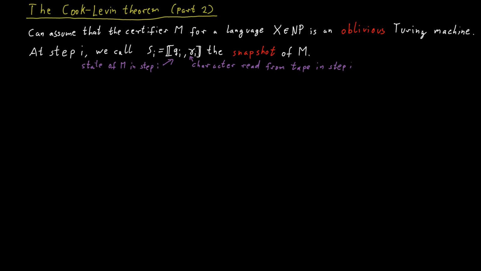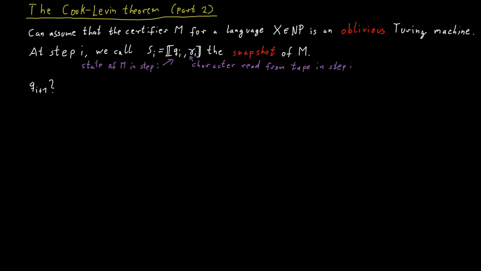Suppose we know the snapshot at time i. What will the state of the machine be at time i plus 1? Do we know? Yes, the snapshot at time i completely determines the next state that the machine will enter. This is because the next state is determined by the transition function.